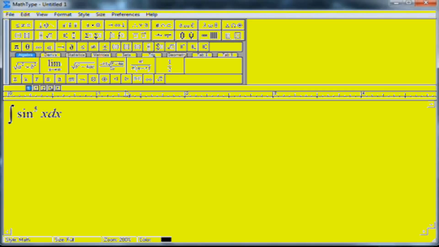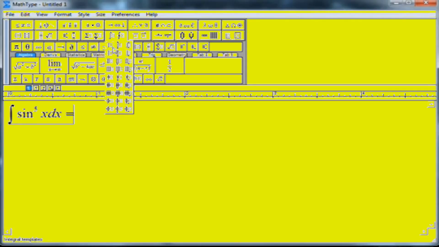But what you do is you split up the trig functions into functions that have an even power, and then use the Pythagorean identity to replace the sine. Let me show you what I mean.